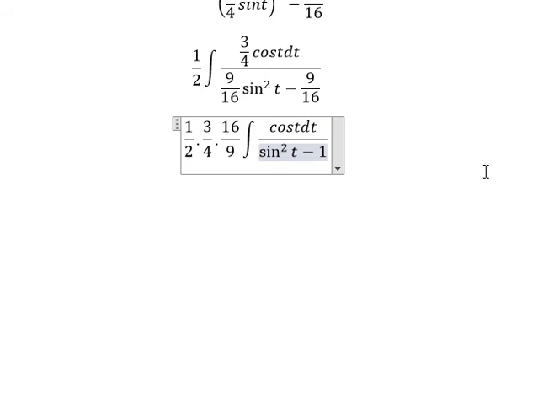We need to multiply 3 fractions together, and this is 2 over 3.